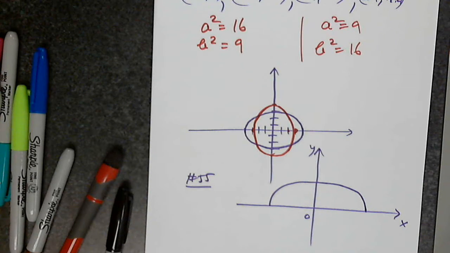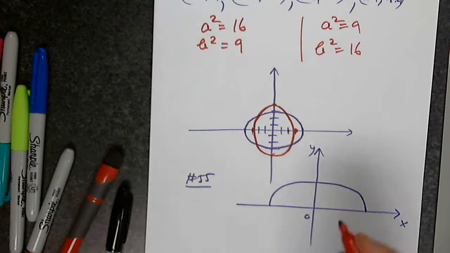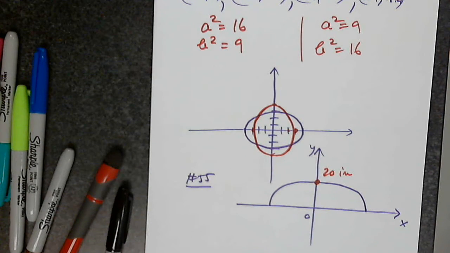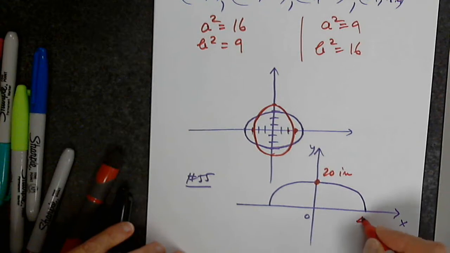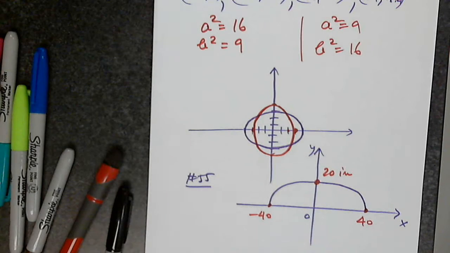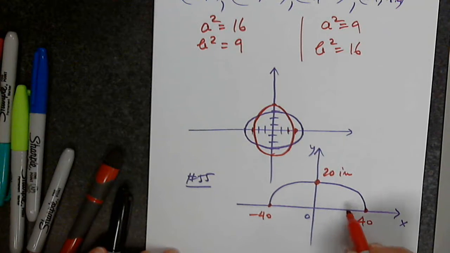It's 20 inches tall at its highest point. 80 inches wide at the bottom. Find the length of the window 25 inches from the center of the base. So if this is 40, this is 20, 25, I'm going to say it's here.